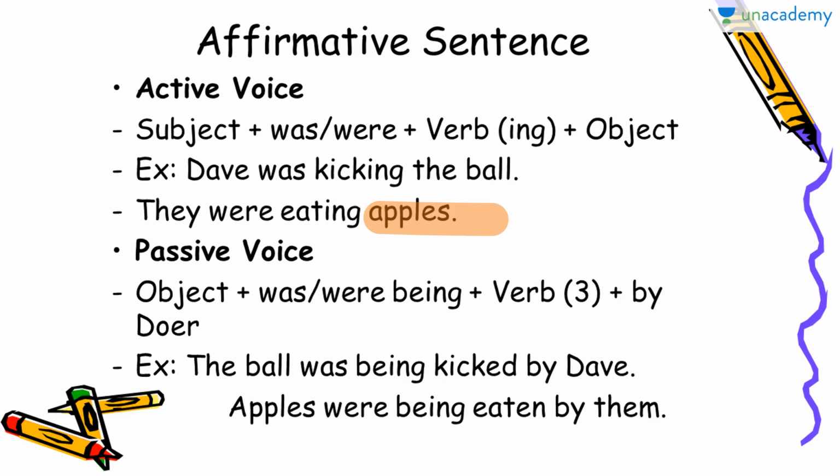If I need to change the sentence into passive voice, I will start my sentence with the object, then was or were, then being, which is a fixed word, then the verb third form, and then by plus the doer. I am repeating this point again.